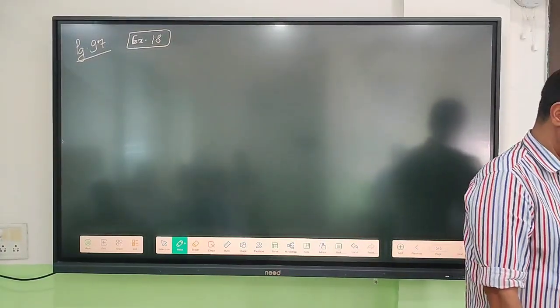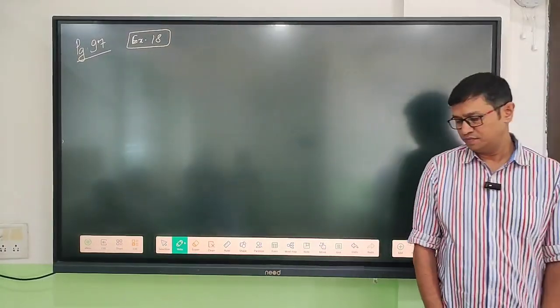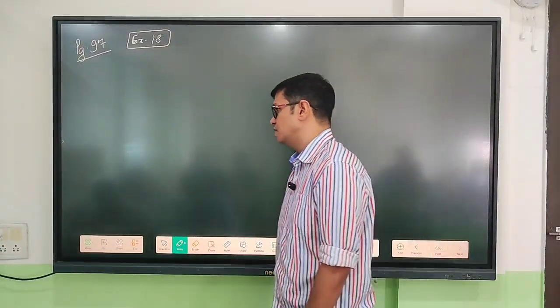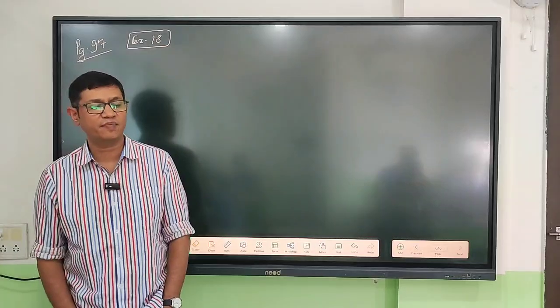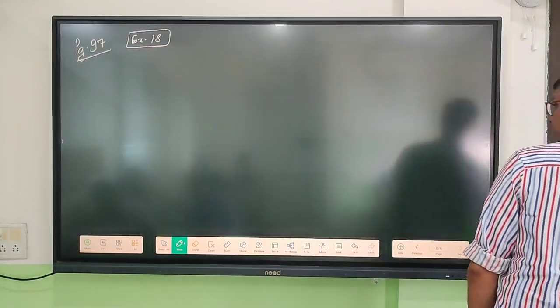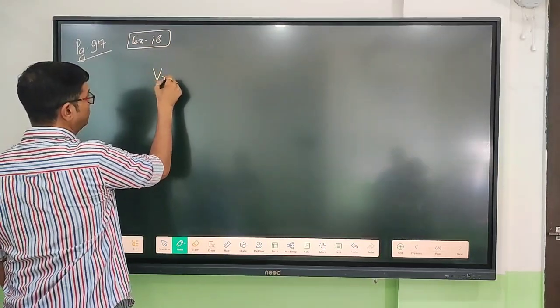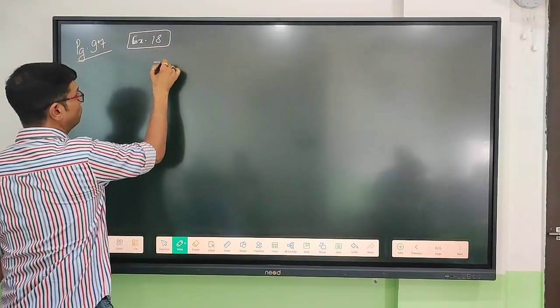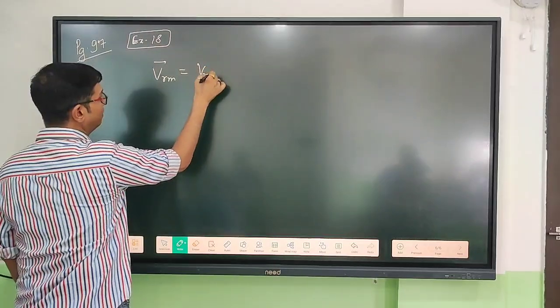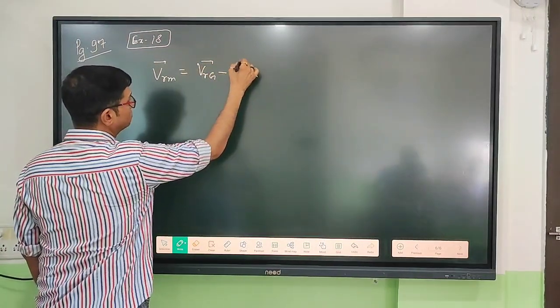VR minus VM, yes. True. From approach perspective, it's fine. It's going to be VR minus VM because that is the formula for relative velocity. Velocity of rain with respect to man would be velocity of rain with respect to ground minus velocity of man with respect to ground.